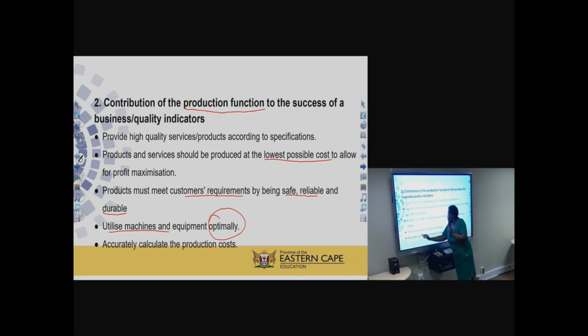Then you must also calculate the production cost. You can pair this one with this one. By calculating the production cost, you will be able to know when your production costs are at the lowest point possible. That one is the production function.